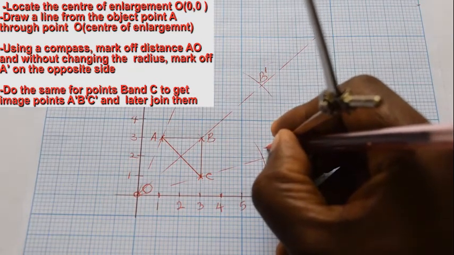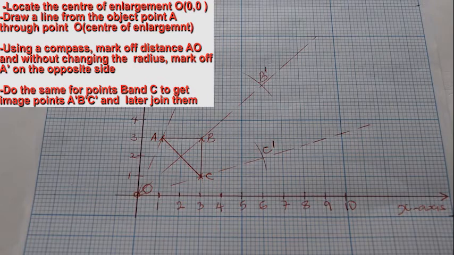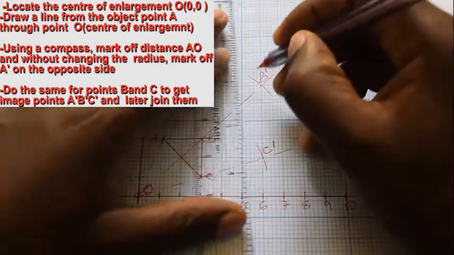Join A prime, B prime, and C prime to find the image triangle.